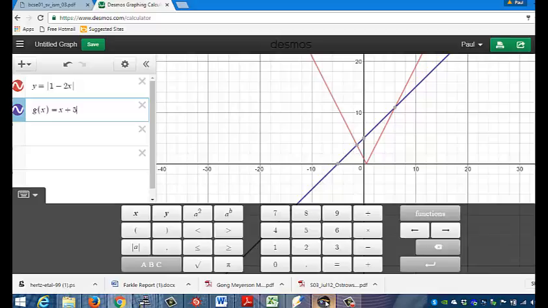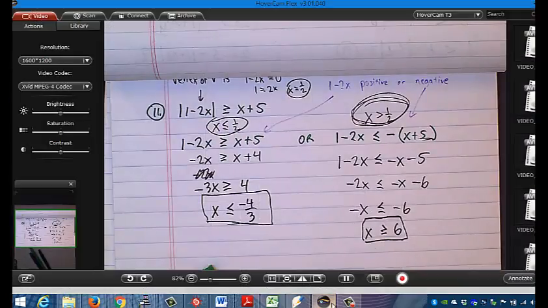We said bigger than or equal to 6, because that's the point, 6 comma something, right? That x value is 6. Once you get past that point, red is bigger than blue. Or to the left of, what's negative 1.333? That was our negative 4/3. See it? So we can use these to really help this graphing idea. You guys follow?